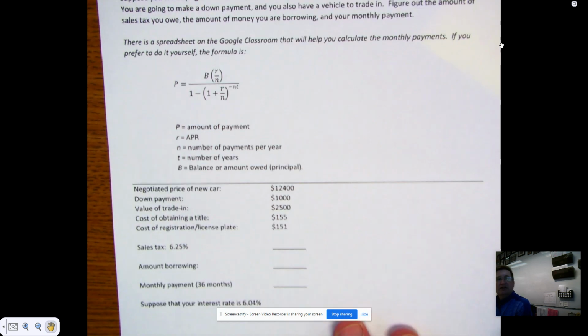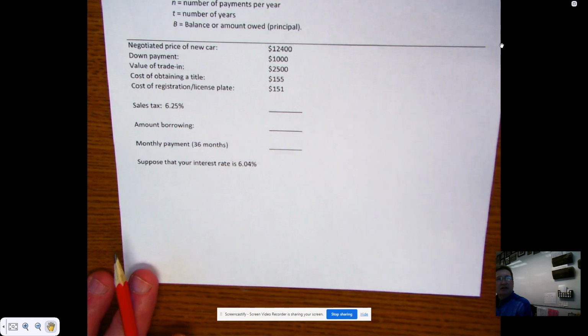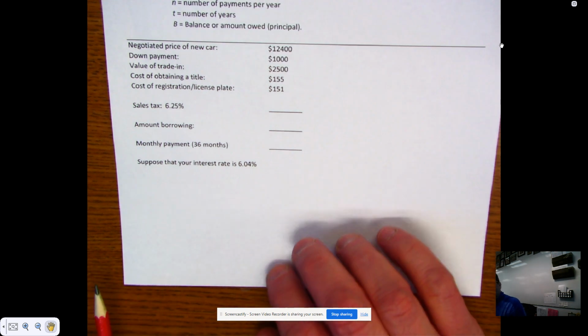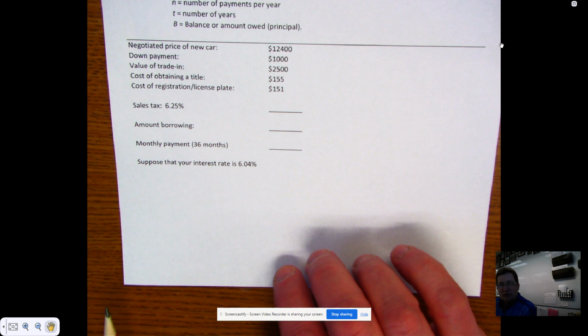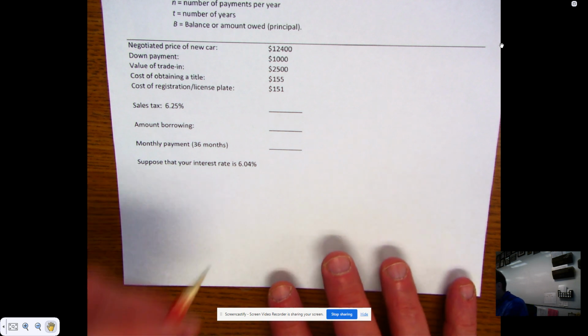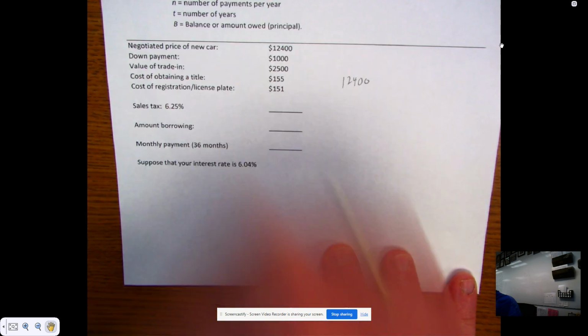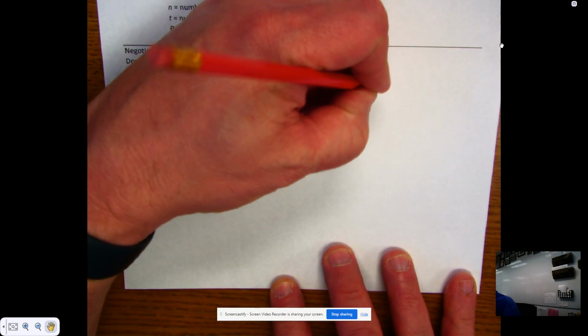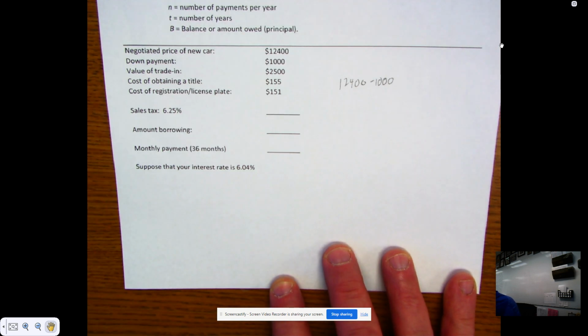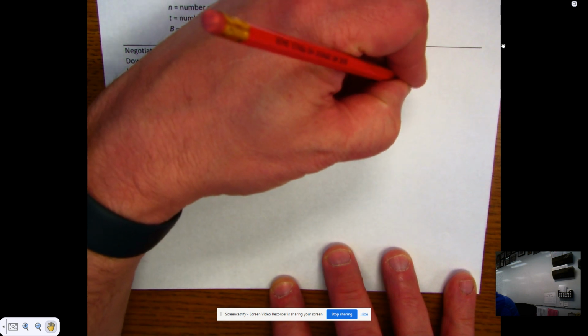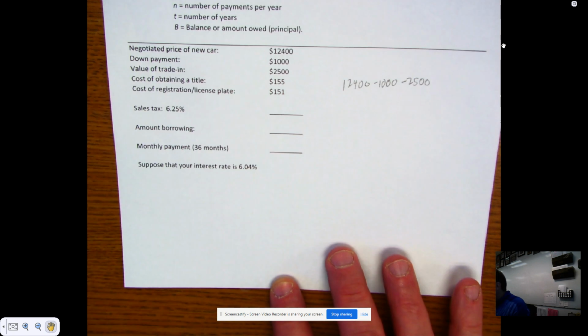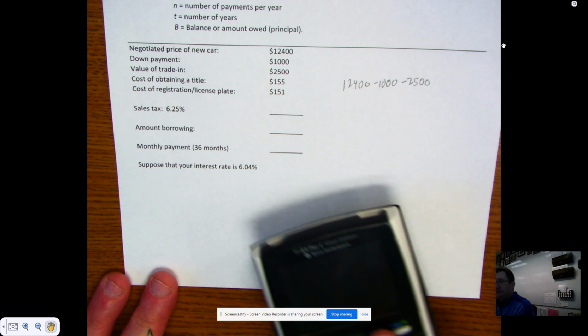So we've got the price of a new car, the down payment, and the value of the trade-in. We're going to take this 12,400 and subtract 1,000 and subtract 2,500, and we're going to get a number.